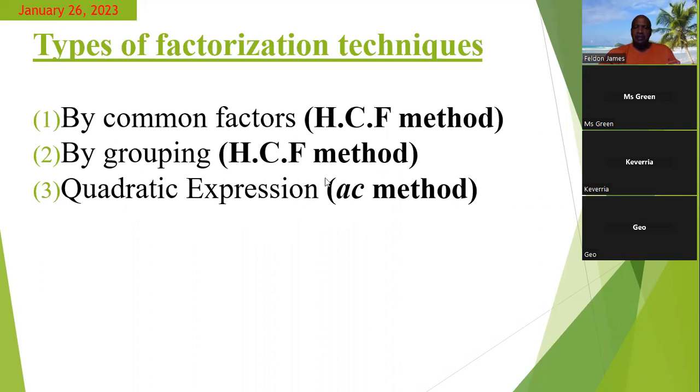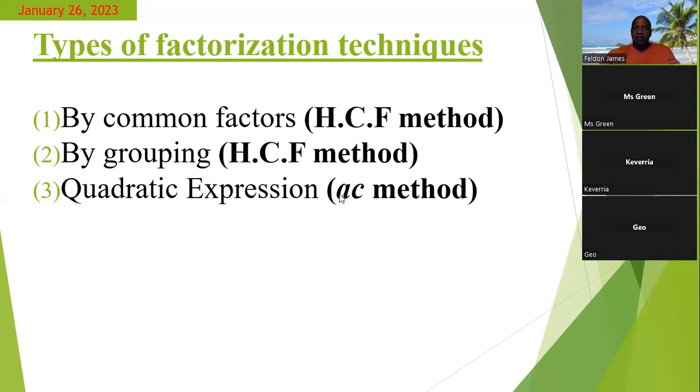Now, the next method is when we have quadratic expressions. Quadratic expressions have to do with the removal of 2 brackets. When we multiply 2 brackets together, which we call a binomial product, we will get a 3-term expression, generally referred to as a trinomial expression.